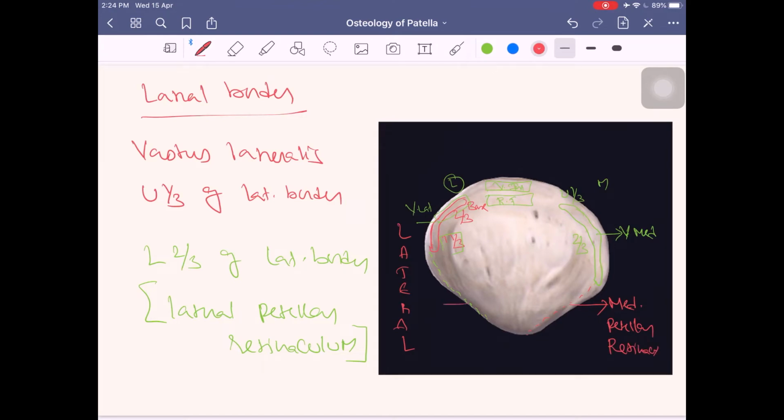So thereby here this was your lateral patellar retinaculum. So lateral and medial patellar retinaculum are the aponeurotic extension of your lateral and medial vastus muscles respectively.